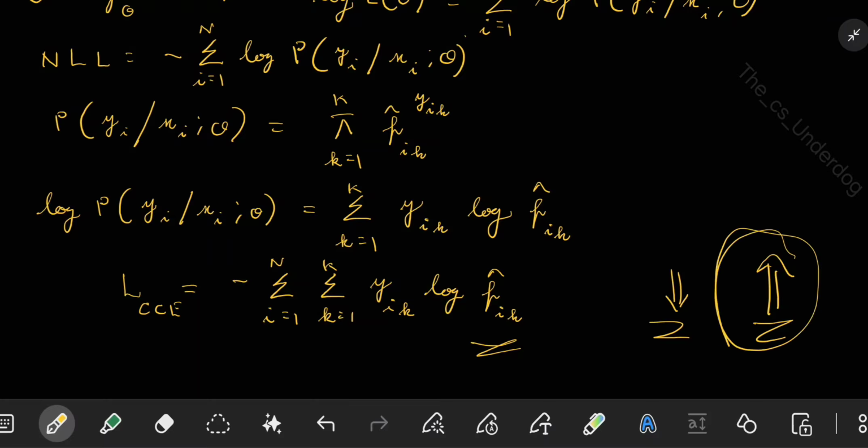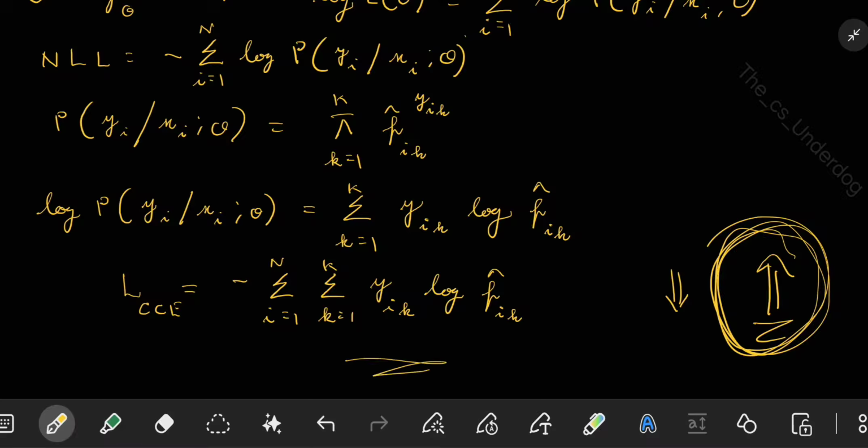So your loss will be higher whenever prediction is wrong and loss will be lower whenever prediction is right. So this is the logic. Another way of stating this could be something like this. You can say negative log likelihood of the correct class under softmax model. This is what you call as categorical cross entropy loss.